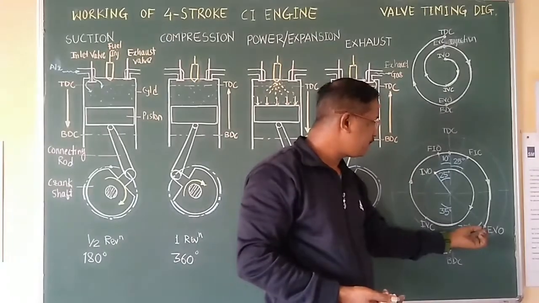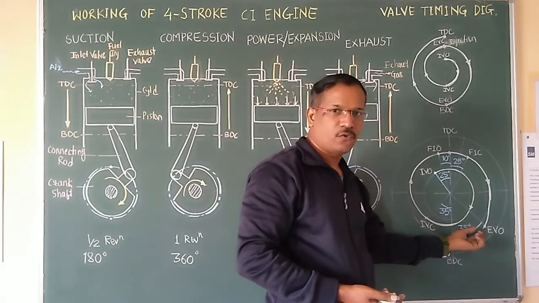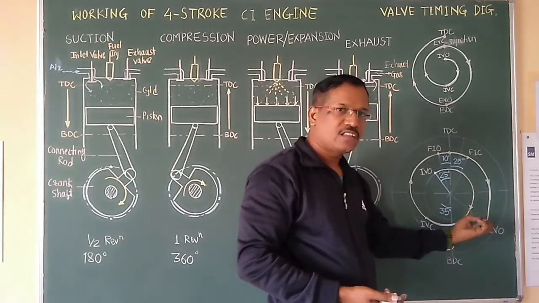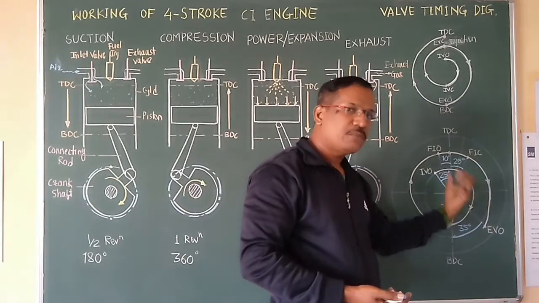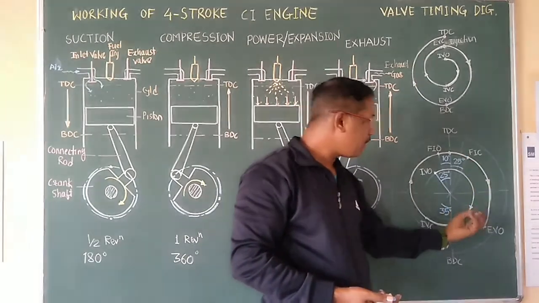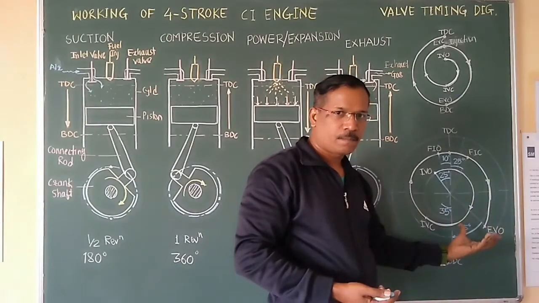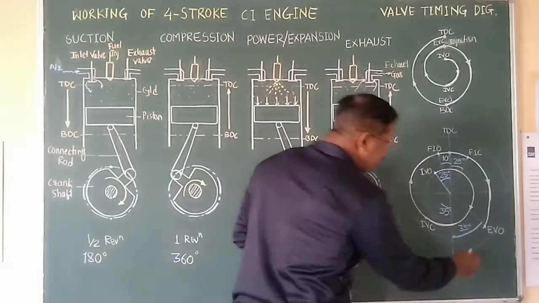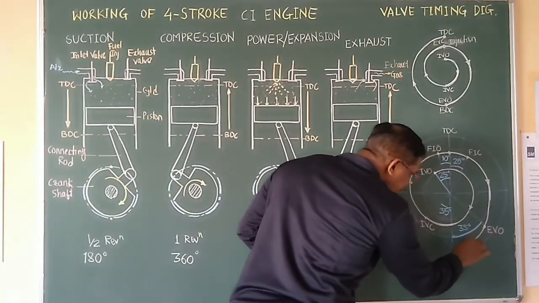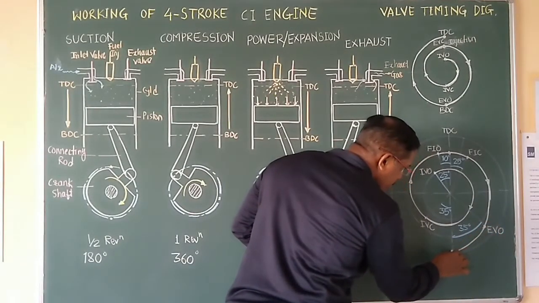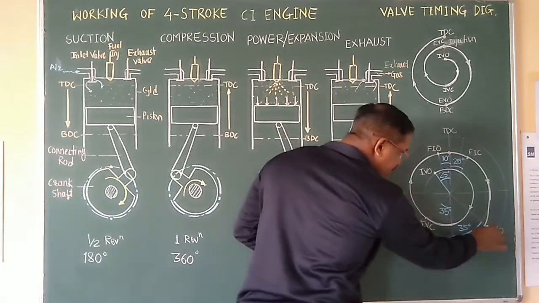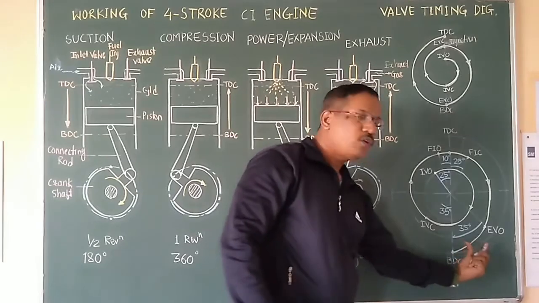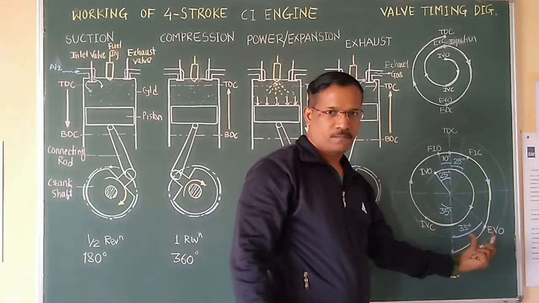So we open the exhaust valve 35 degree before, so that whatever excess pressure gases are there will escape out from the exhaust valve by their own pressure. But whatever forces the piston experiences, due to that the piston further moves towards BDC. So during this, whatever exhaust gases move out is only due to the excess pressure.